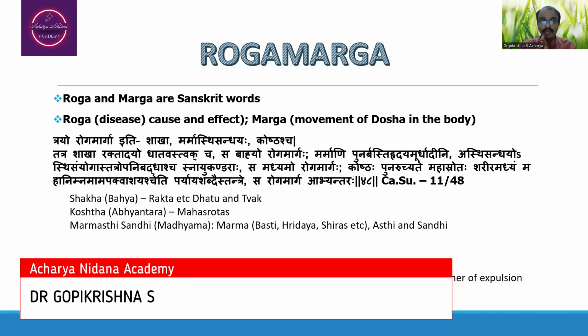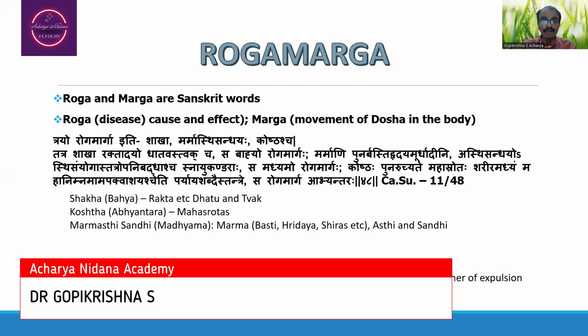Marga means the different ways in which these vitiated dosha or bioenergy move in the different parts of the body. Depending upon the nature of Nidana Sevana, we identify exactly which areas these vitiated dosha are moving in.